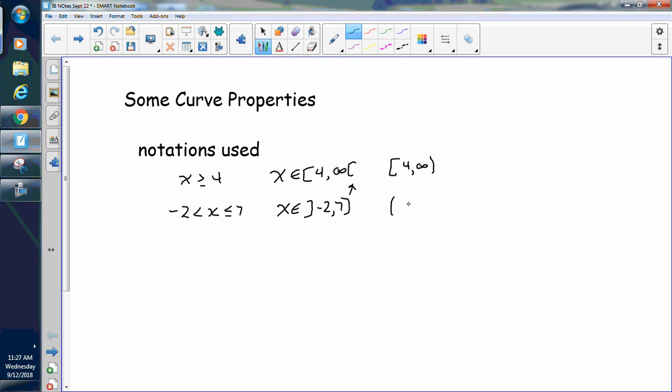We more commonly see this, and this would be acceptable on the IB paper, negative 2 to positive 7 inclusive. You can look on page 634 of your textbook, and there are other examples of the notation used there, but all basically using the two ideas you see above.